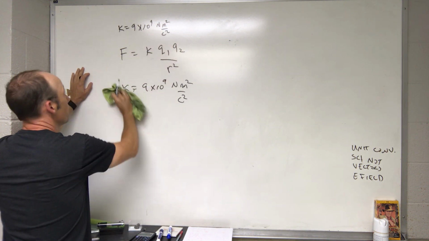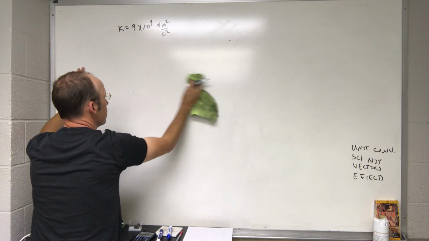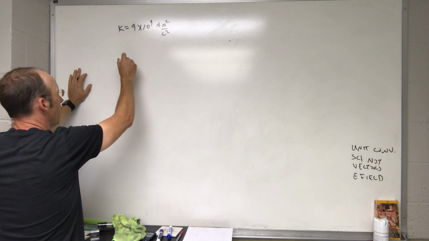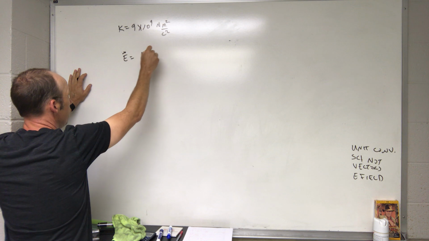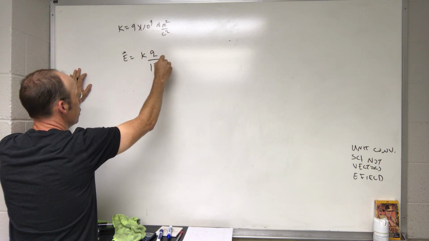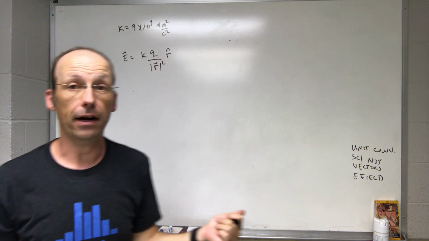If I want to calculate the electric field, I have a couple of ways I can write that. I can write E equals K Q over the magnitude of R squared times R hat. Remember, that's the unit vector that we had before.